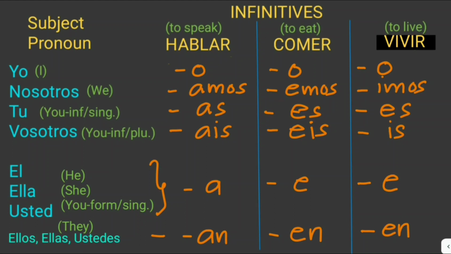And for those verbs that end in er, we change er to o, emos, es, éis, e, en. And for those verbs that end in ir, we change ir to o, imos, es, ís, e, en.